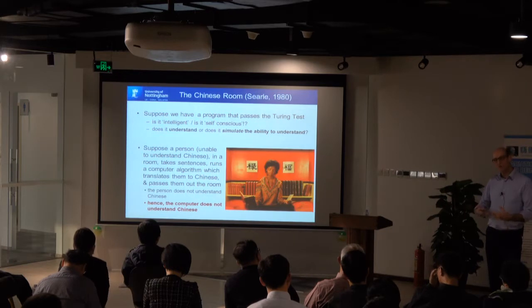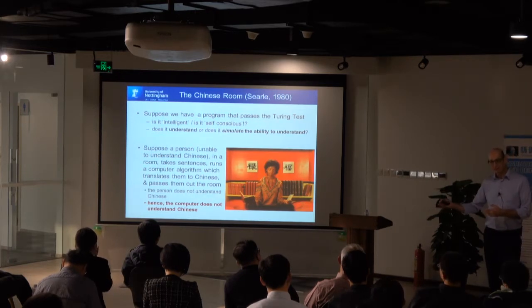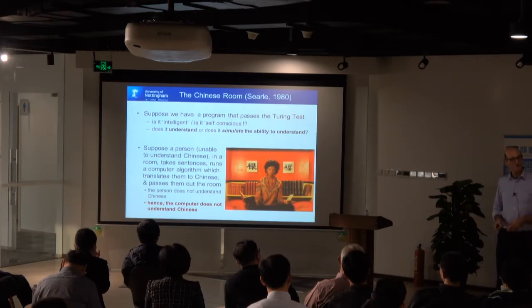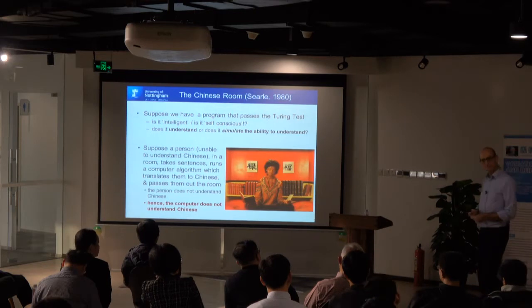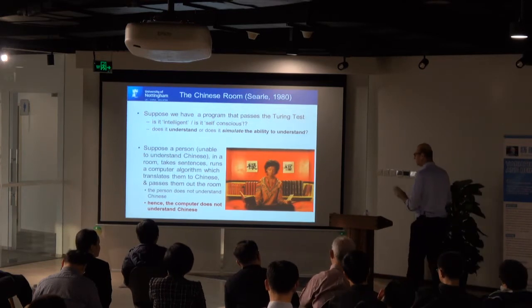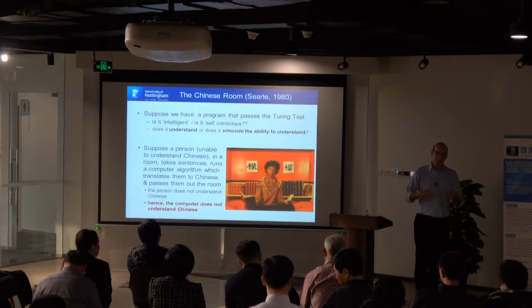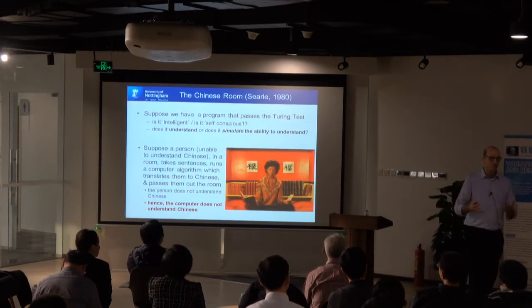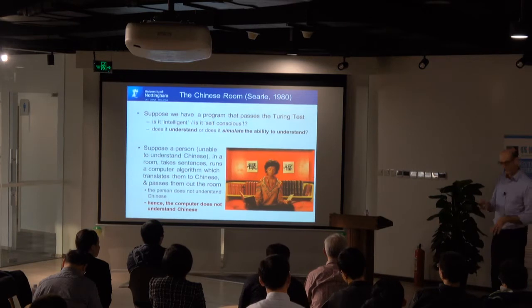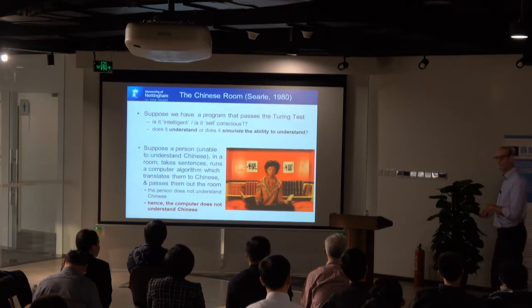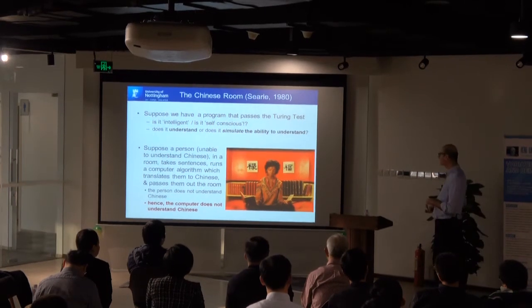Just because the computer runs the algorithm, and the algorithm translates English to Chinese, it doesn't mean the computer understands Chinese. So what John Searle was saying was, even if a computer passes the Turing test, it doesn't necessarily mean it understands; it just passes the Turing test. So being able to pass the Turing test doesn't in any way mean the computer has got intelligence.